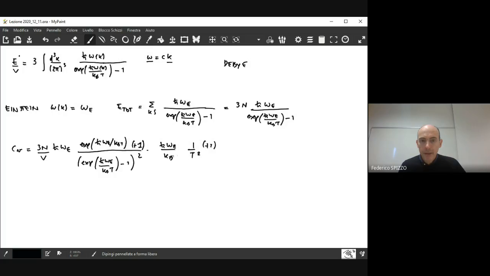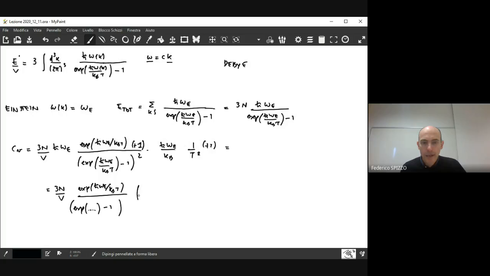And if you want to write this as 3n divided by volume, then we have this exponential factor. So if you don't mind, I just write like this.